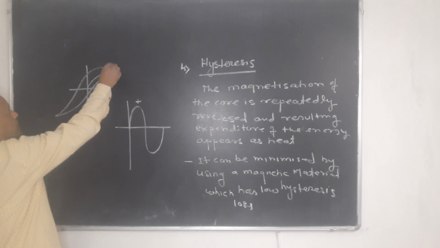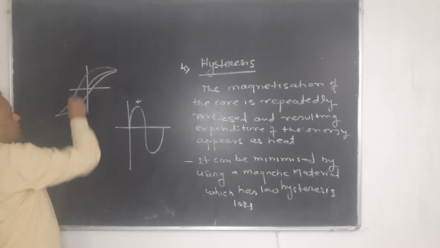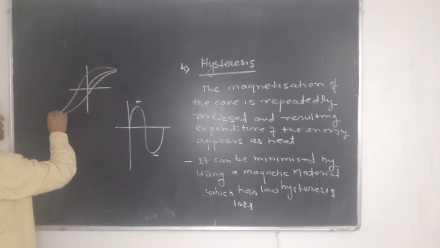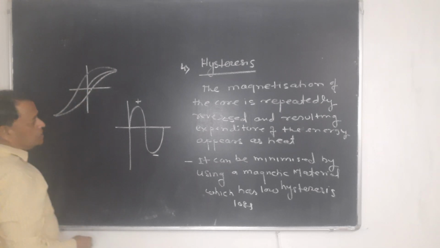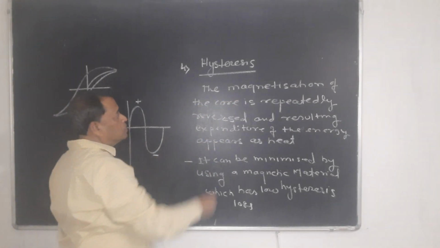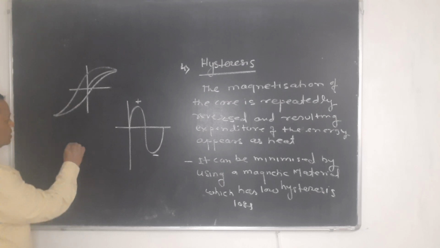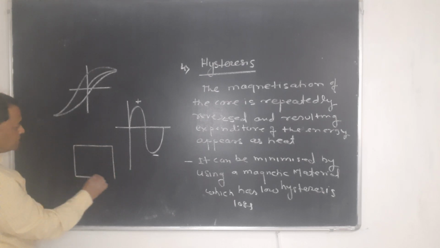So it gets saturated, again demagnetized, and again in the next half cycle, which is negative, it is again magnetized. In this way, the magnetization of the core is repeatedly reversed. This is a ferromagnetic material.